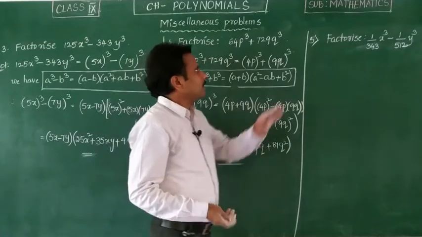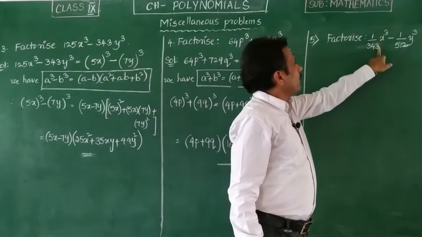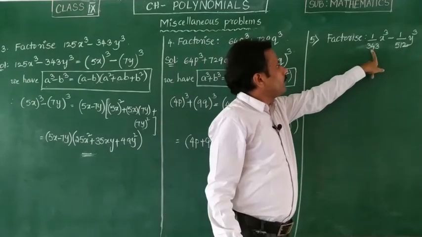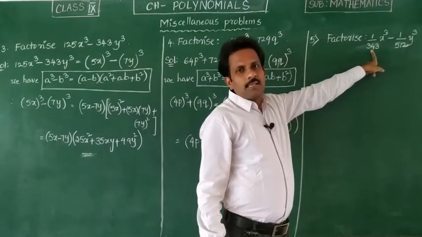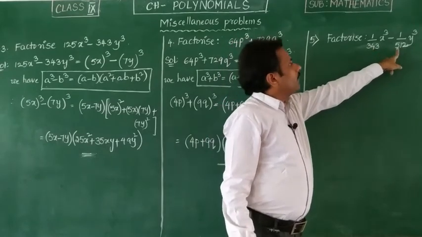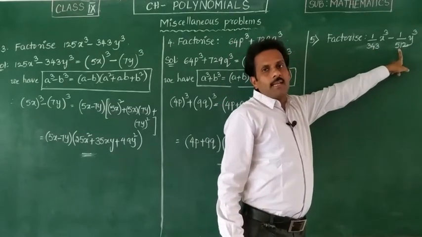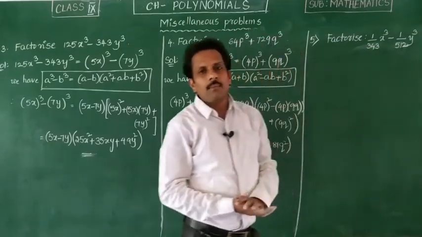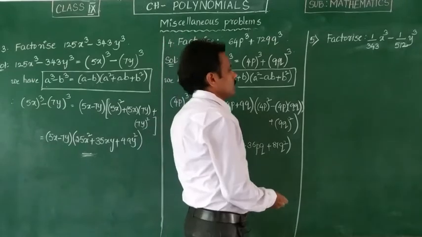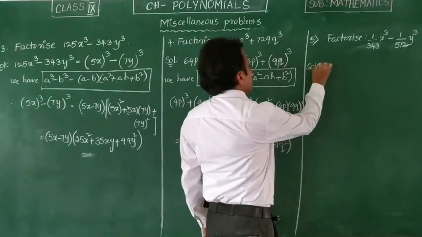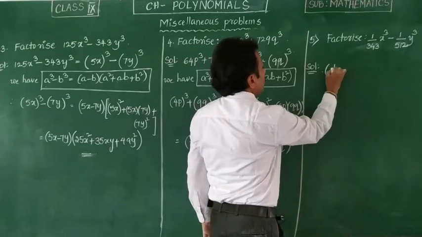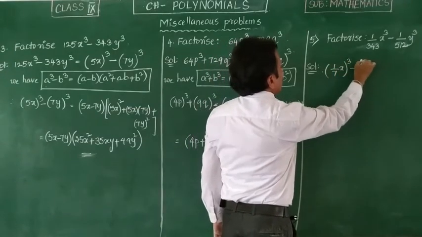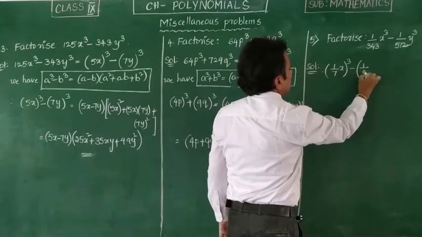Now the fifth problem: factorize 1 by 343 x cube minus 1 by 512 y cube. We can write 1 by 343 as 1 by 7 whole cube, whereas 1 by 512 is 1 by 8 whole cube. So now we get a cube minus b cube form, and again we need to apply the identity. The given one is 1 by 7x whole cube minus 1 by 8y whole cube.